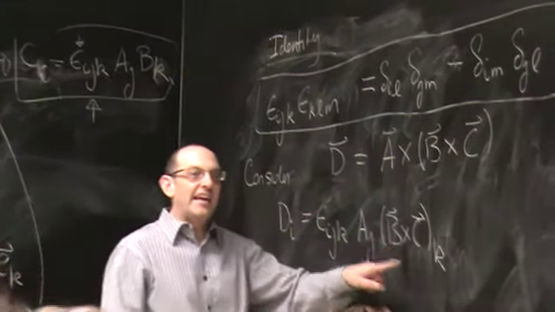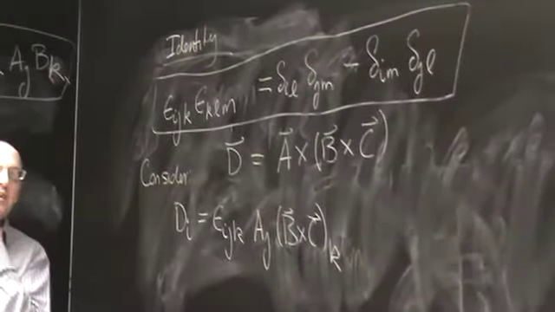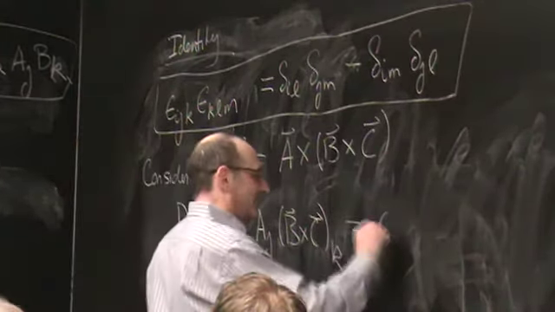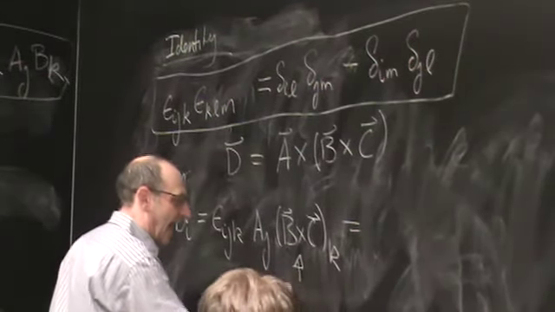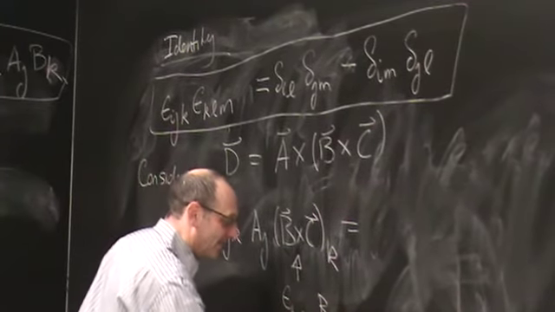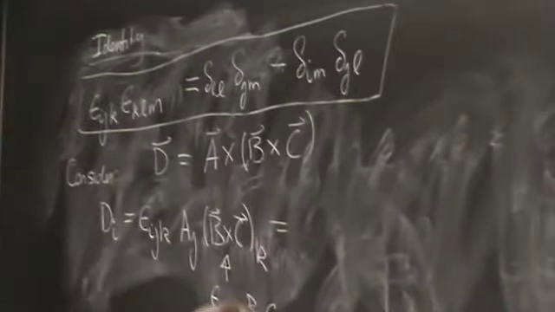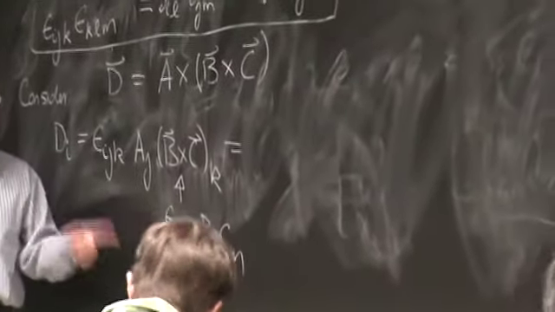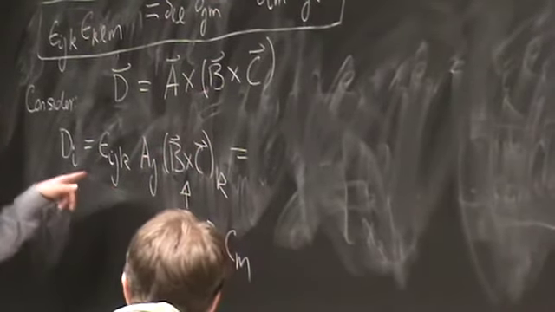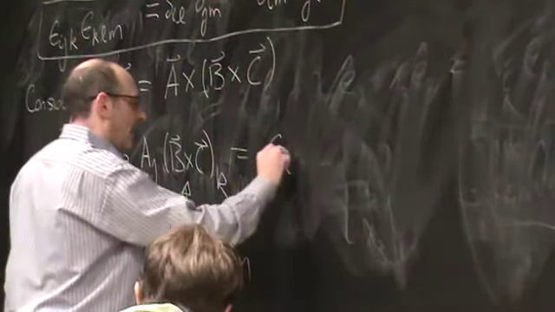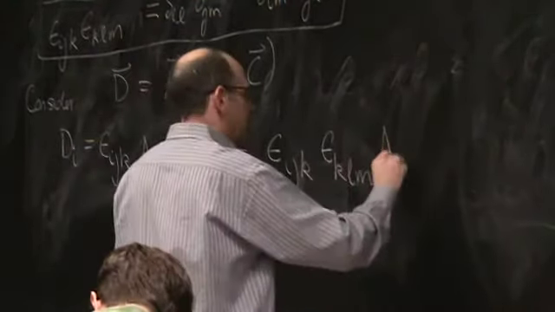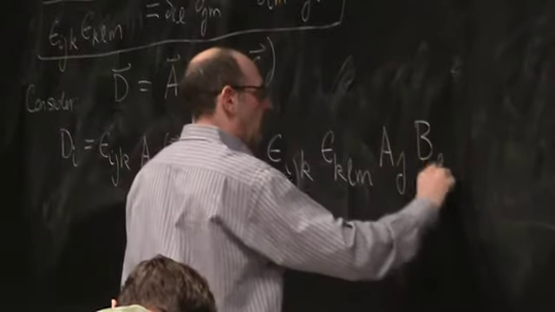Now I have to find the kth component of B cross C, which is epsilon klm b_l c_m. Notice, don't use the same dummy index, use a new one. So we have epsilon ijk, epsilon klm, a_j, b_l, c_m.